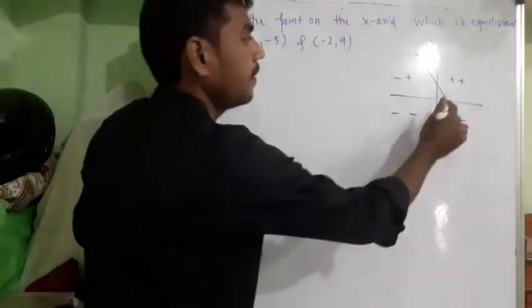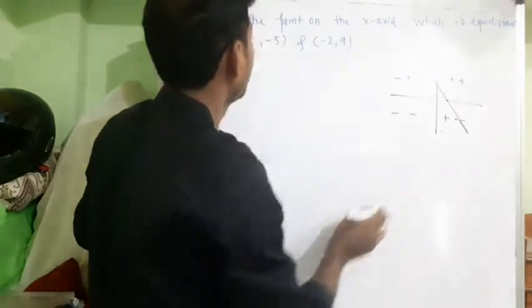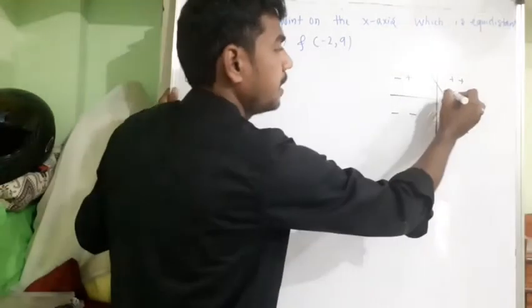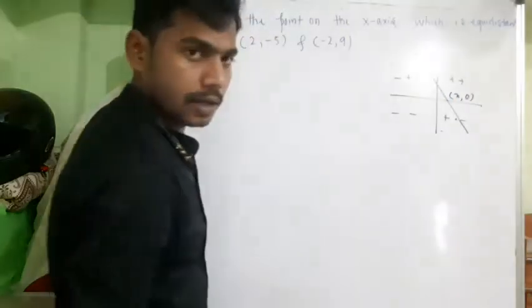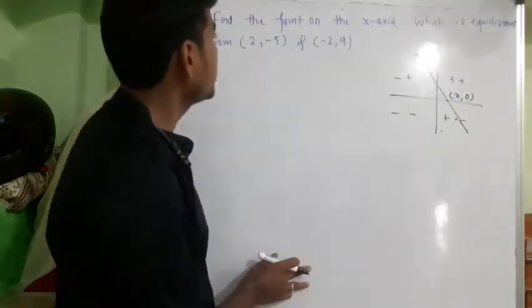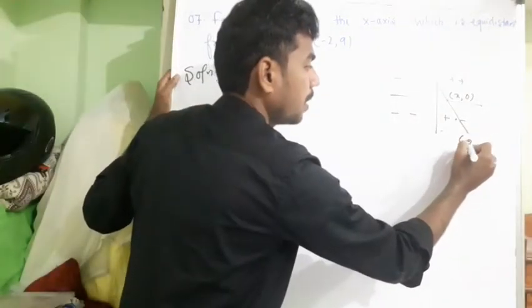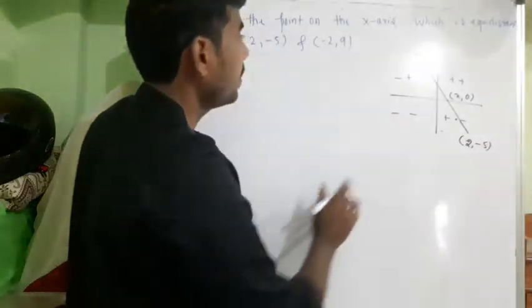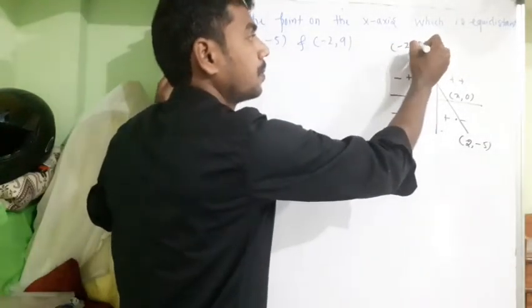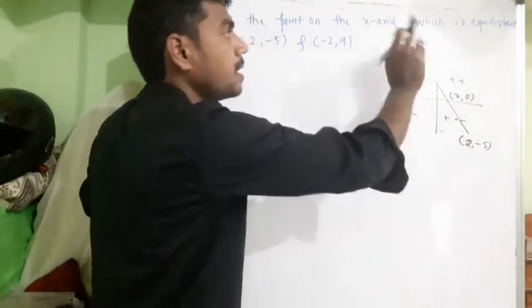The point (x, 0) is on the x-axis, and it is equidistant from the point (2, minus 5) and the other point (minus 2, 9).